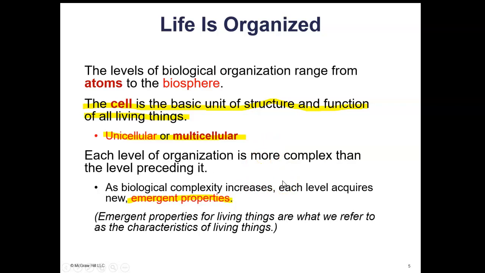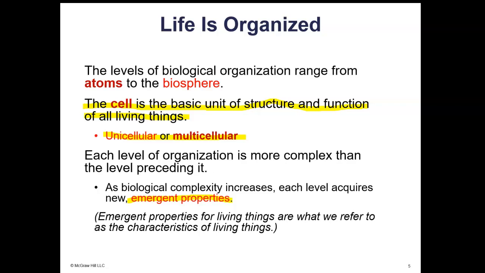That is the first of the emergent properties that we're going to learn. For this chapter, when we talk about emergent properties, these are just the characteristics that living things share. Basically, an emergent property is a characteristic that only organisms or things that have complexity have.